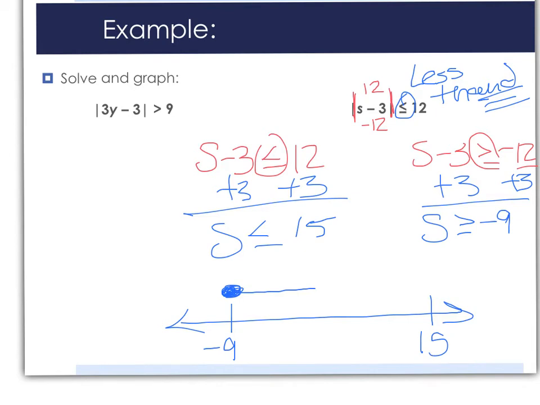And s is less than or equal to positive 15. So I'm going to color it in, and then I'm talking about all the numbers less than 15. So notice again, I'm talking about here a joining of two circles, which is an AND type of graph. Less than, two dots that join together.